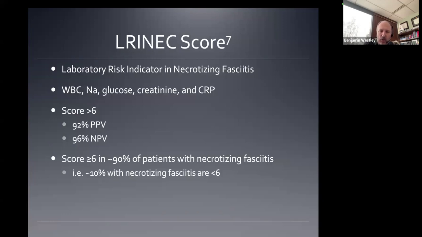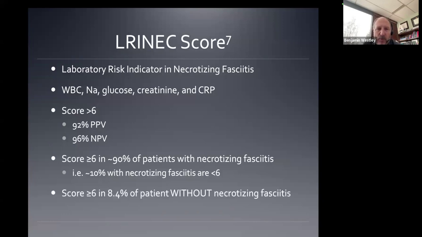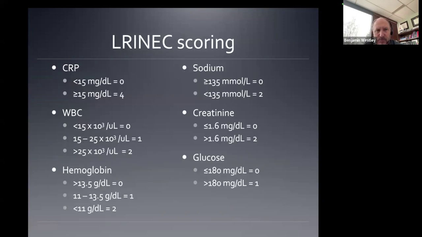So only 10% have a score less than 6, but it's still not a perfect test, but it's helpful when there's ambivalence, right? So a small number, about 8%, will have a score over 6 and won't have necrotizing fasciitis, but at least they will get appropriate evaluation and management, and you won't miss a life-threatening disease.